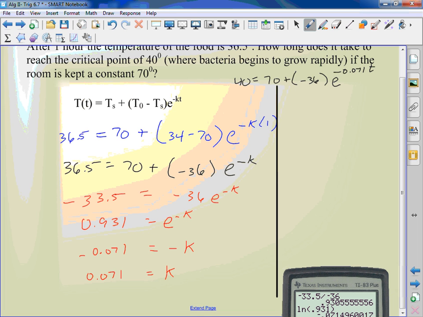We're trying to find out what t is. The formula is negative kt. We're trying to find out how long it takes to reach the critical value.